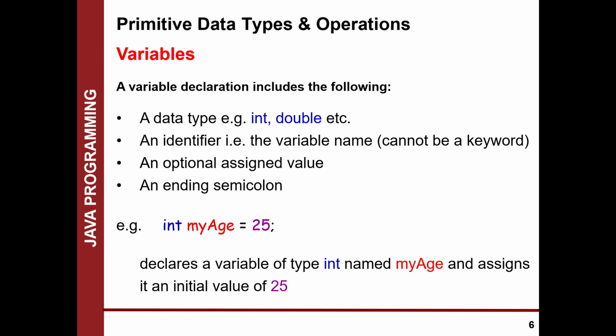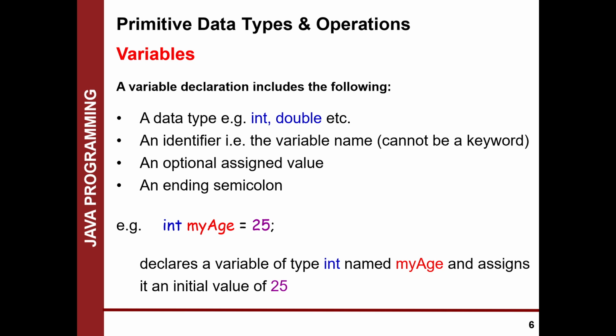This is how we declare a variable. We have int myAge equal to 25. It means that we are telling the computer to declare a memory space with identifier myAge, and that memory space is going to store integer values.